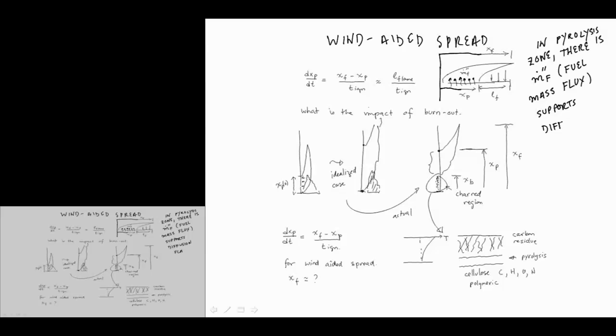Remember, the diffusion flame is an interface between fuel and oxidant on the outside, so it supports this diffusion flame. That diffusion flame heats up, it's leaning because there's a flow in this direction. There's a V, or U infinity or V infinity, a gas flow. It heats up this virgin material and heats it up to the ignition temperature.